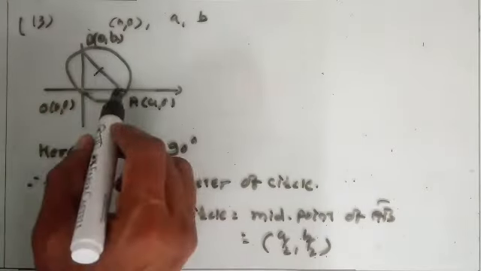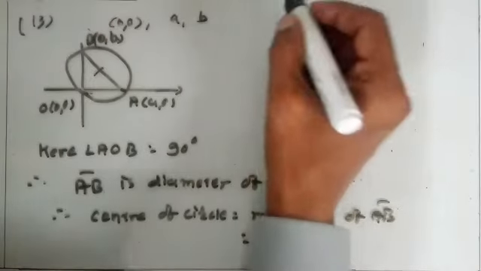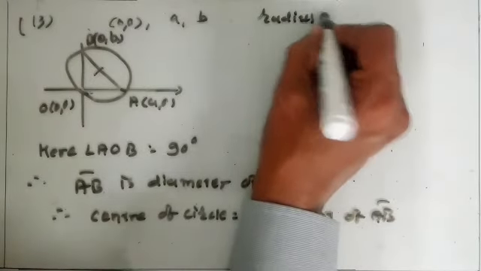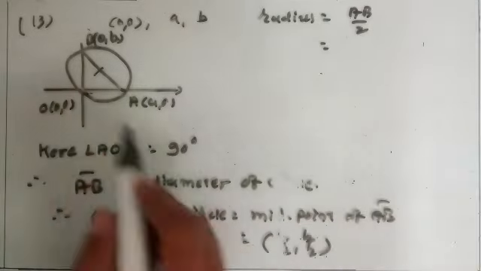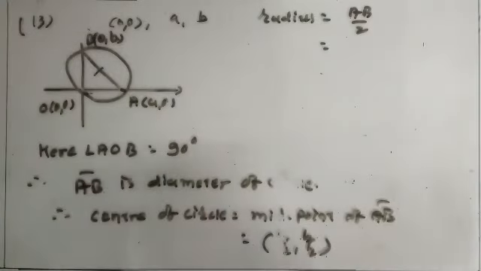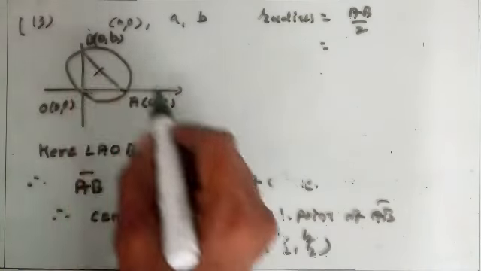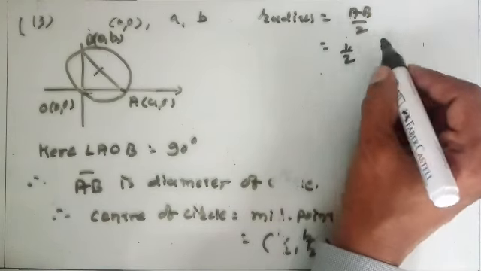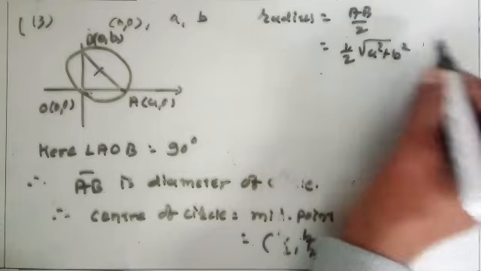And half of AB becomes the radius. The radius is equal to half of AB, that is AB upon 2, and the distance AB is equal to root of a square plus b square. So the radius is 1 by 2 root of a square plus b square.